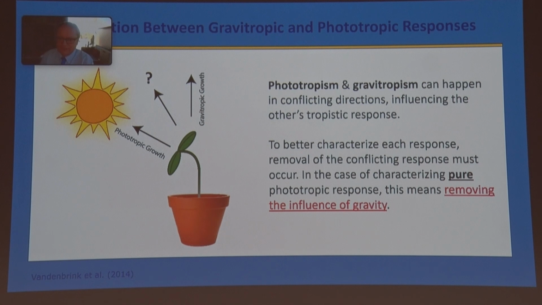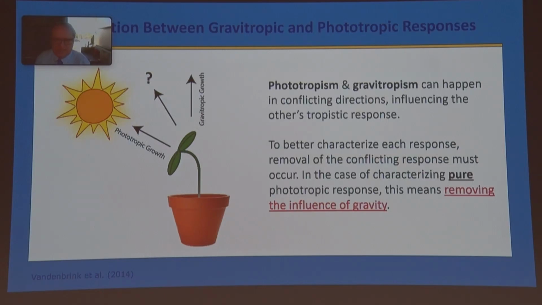So one of the interesting things, and the basis of our experiments on the International Space Station in microgravity, is explained in this slide. So we have phototropism and gravitropism, and it's the interaction that determines the plant growth. One of the interesting things about phototropism is I can make an extreme statement.